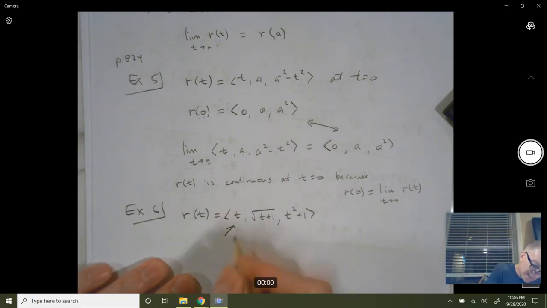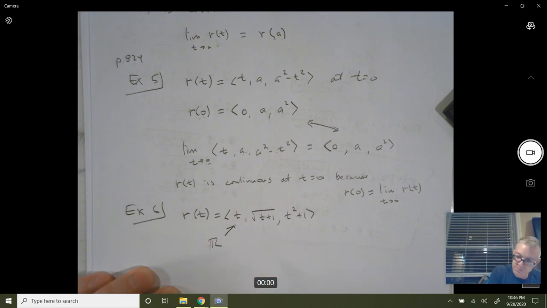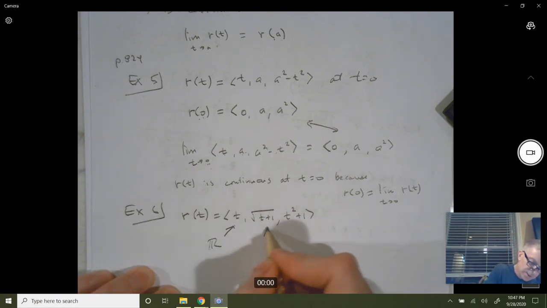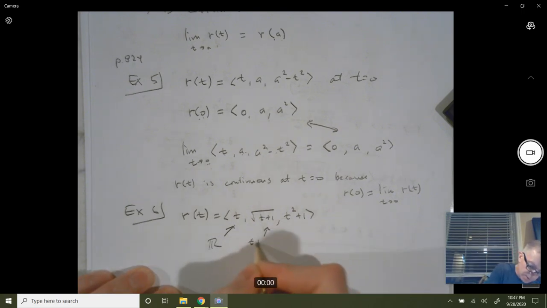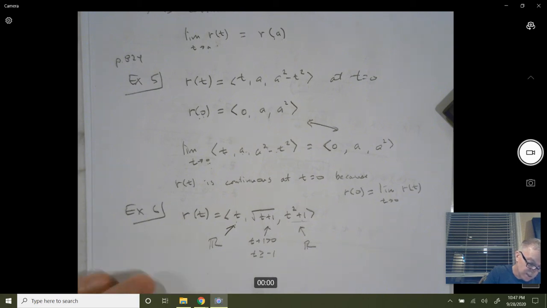Well, this component, if we want to call that the f of t, is continuous on all real numbers. This is only continuous when t plus 1 is greater than or equal to 0, or t must be greater than or equal to -1. This, if we want to call that h of t, is continuous on all real numbers. Okay, so you have to find what limits. If any component is not defined, then the whole vector valued function is not defined.